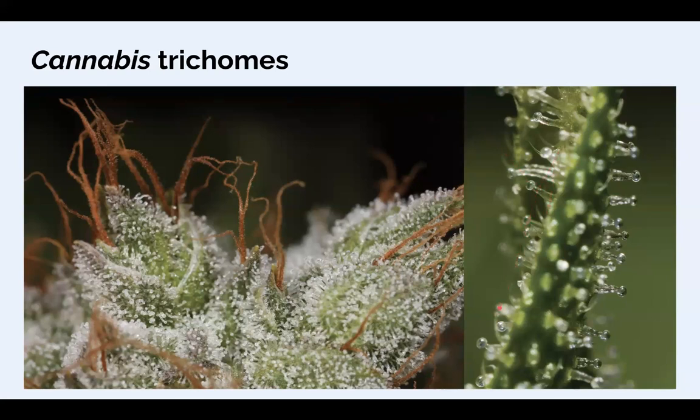So if you want more of the active chemical in your cannabis, you want more of these glands. And so the cultivated varieties of cannabis are just really dense with these glandular hairs, more than you'd find in a wild cannabis plant. And that's probably the most desirable feature. So you get some really extreme gland density on some of these.